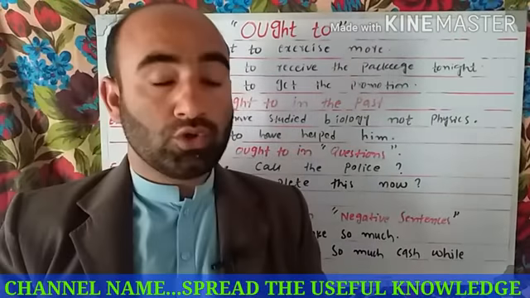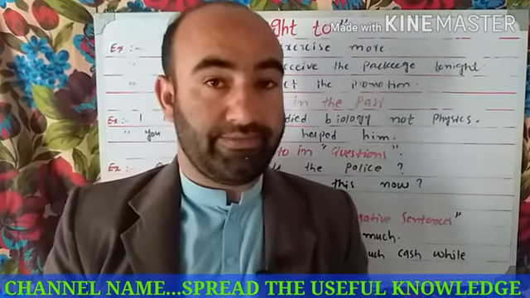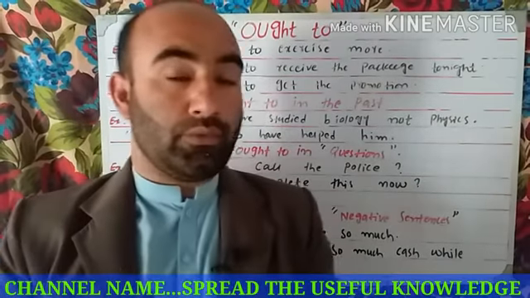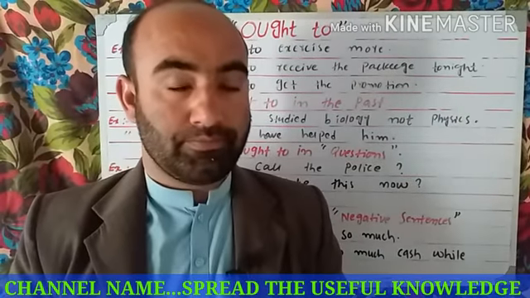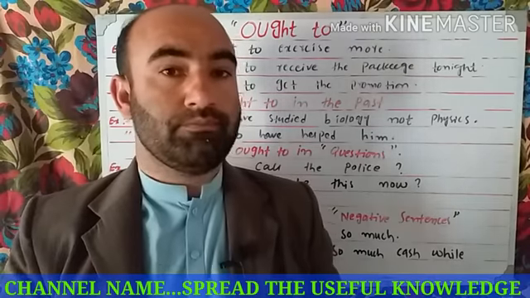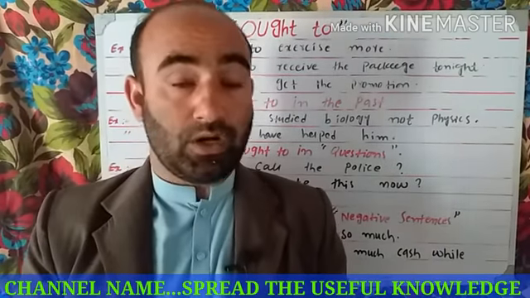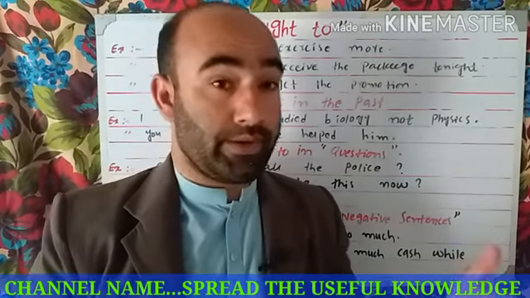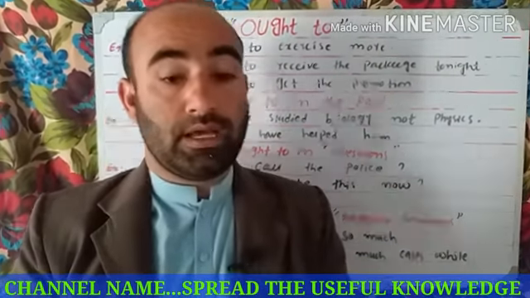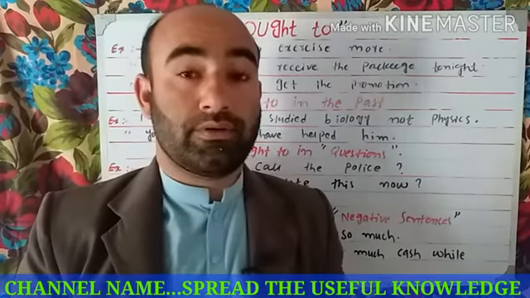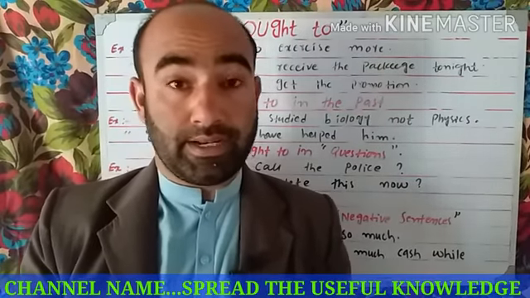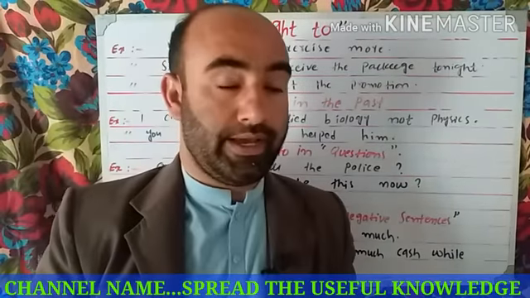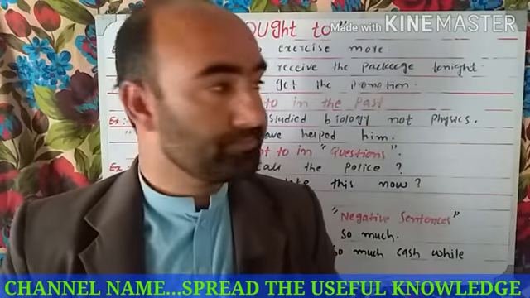We use ought to in the past when we did or did not do some action in the past, but now in the present we are regretting it. For regretting something in the present, we use ought to plus have plus the third form of the verb.